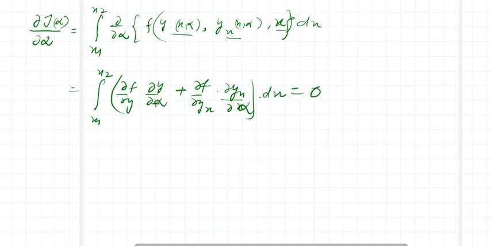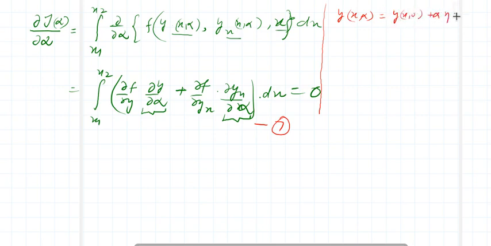Now I need to evaluate these two quantities, partial y over partial alpha and partial y' over partial alpha. That's what I need now. Let me call this equation number 7. So let us reconsider: y(x, alpha) is equal to y(x, 0) plus alpha eta x.